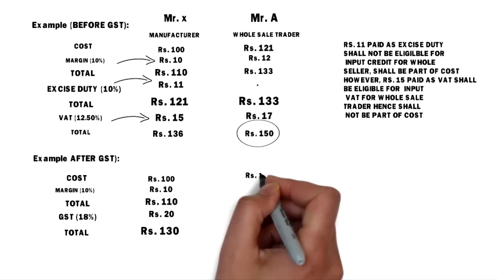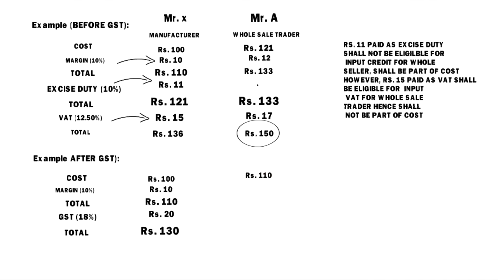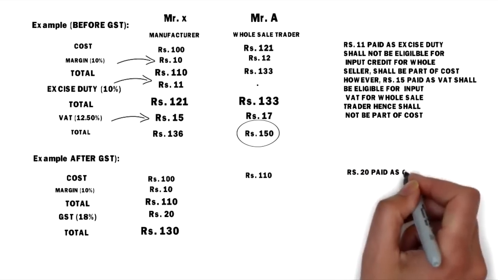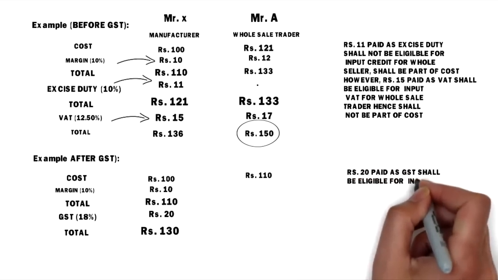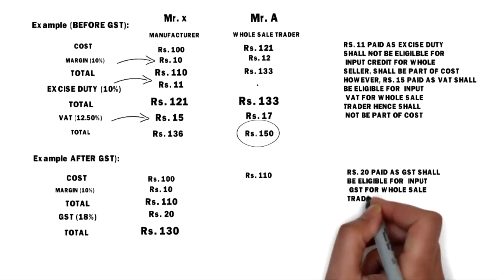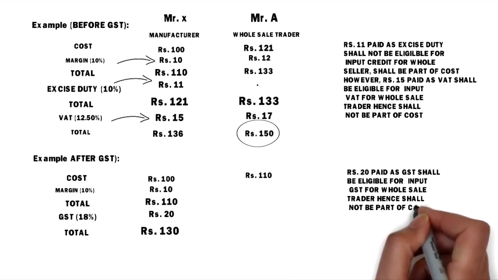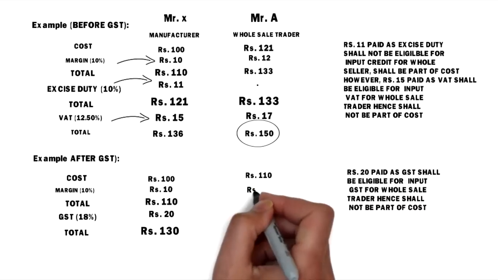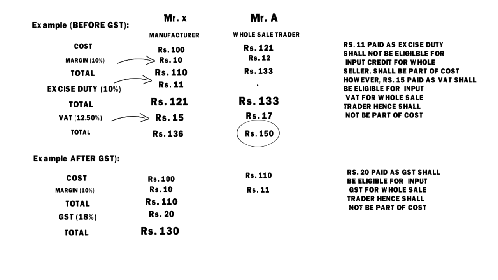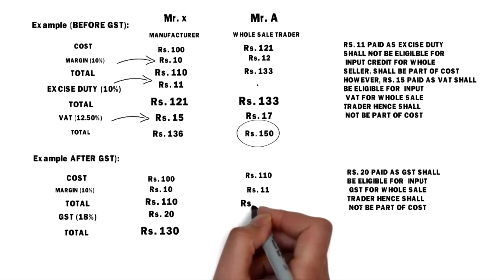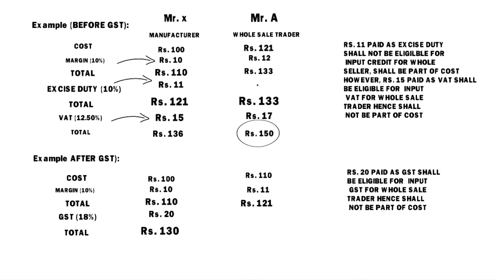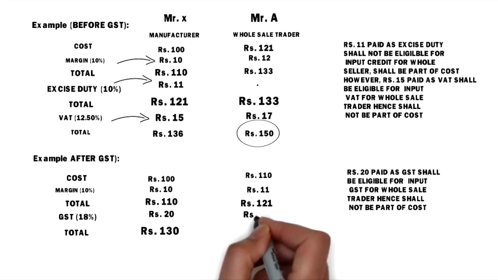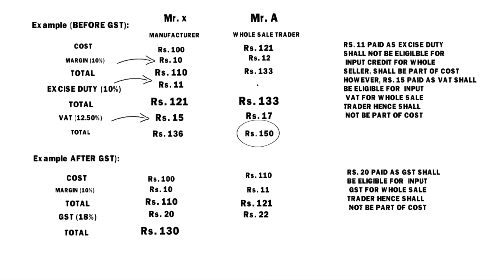In the hand of Mr. A, the wholesale trader, the cost will be rupees 110, as rupees 20 will be eligible for input credit, hence not included in the cost of the product. Now the margin of Mr. A is rupees 11. The total is rupees 121. The GST at the rate of 18% is approximately rupees 22. Now the total is 143.